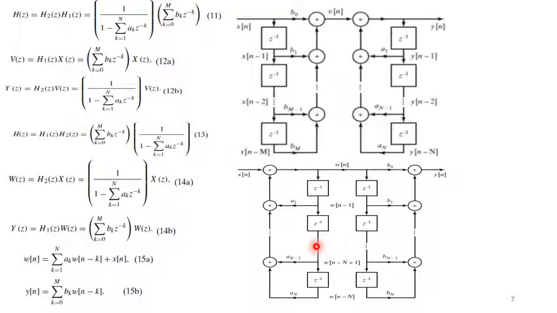Also in this figure we have assumed that M equals N, that is, the order of the poles and zeros are the same. This is still general, because if the order of the poles and zeros are not the same, for poles with higher order the zeros will have coefficients equal to 0, and if the number of zeros is greater than the number of poles, then those coefficients of the poles will be 0.